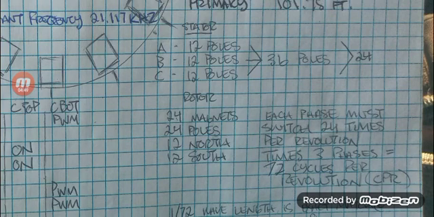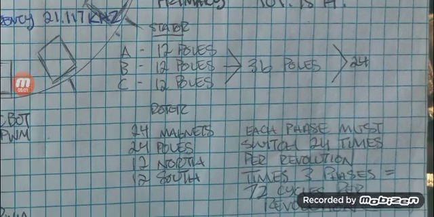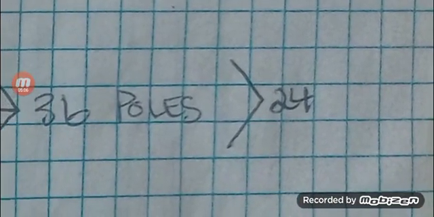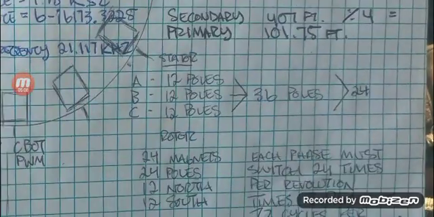The stator has 36 poles, 12 poles for each phase. It's only firing from one phase to another at any given time. So at any given time, you only have 24 poles that are active.